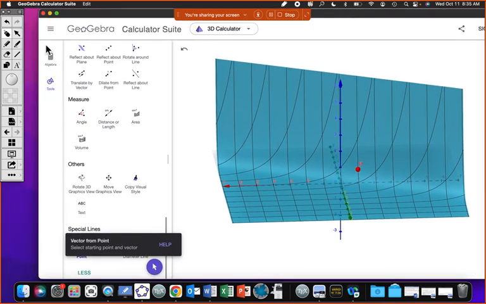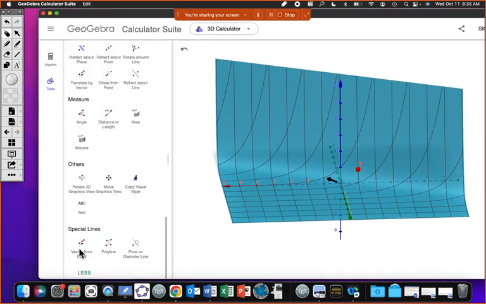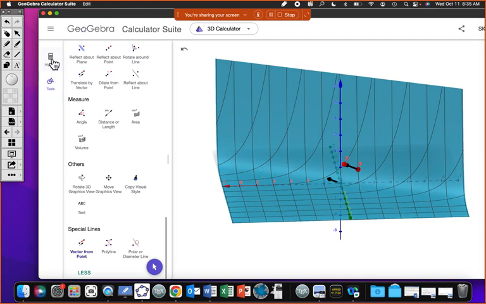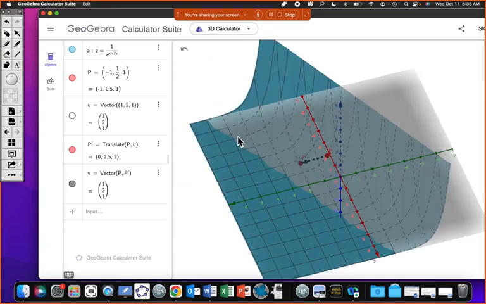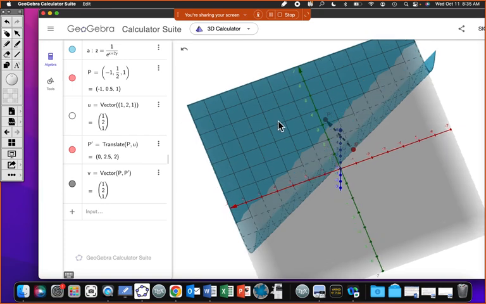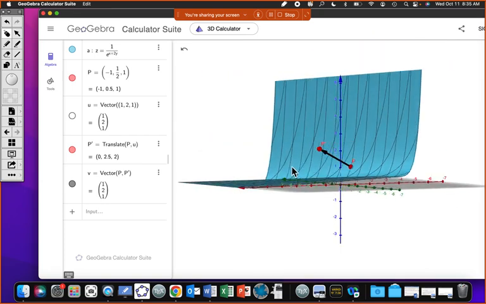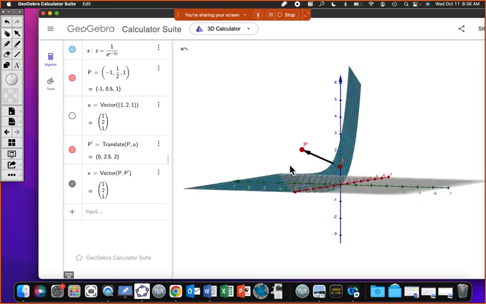Wait a minute. We got to keep this on for a minute. There we go. Vector from a point. There's the point. There's the vector. There it is. Okay. Now we'll take this off. So that's the gradient. Oh, it flipped over now. There we go.